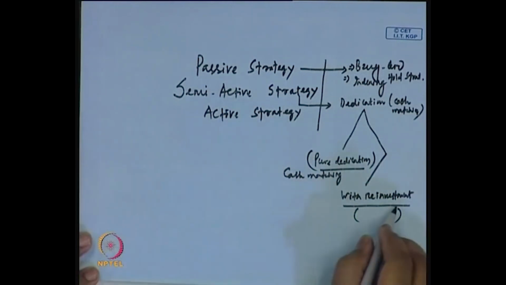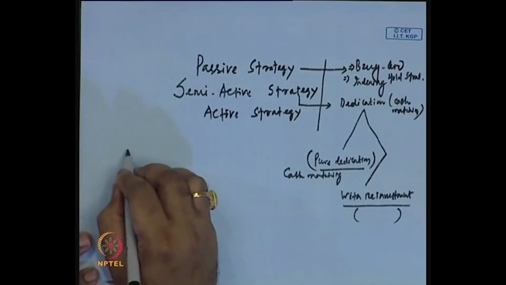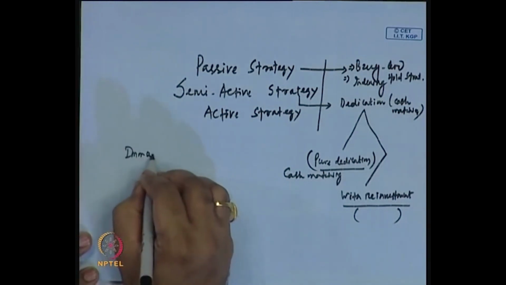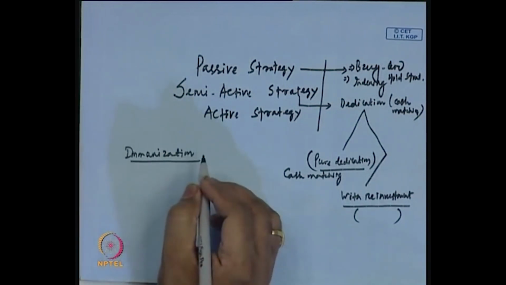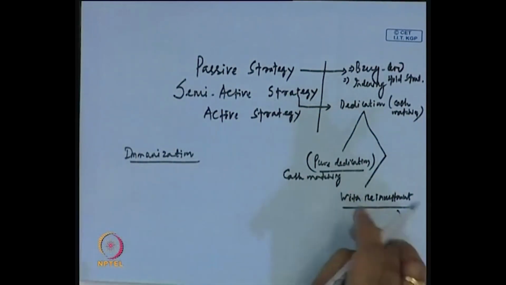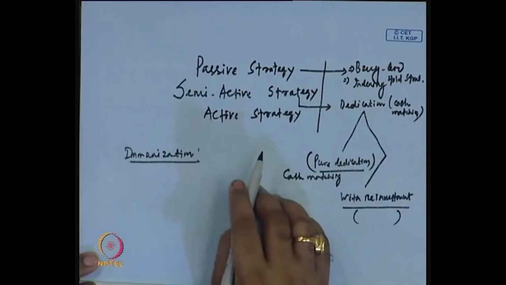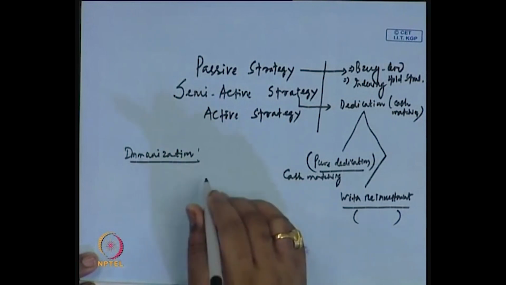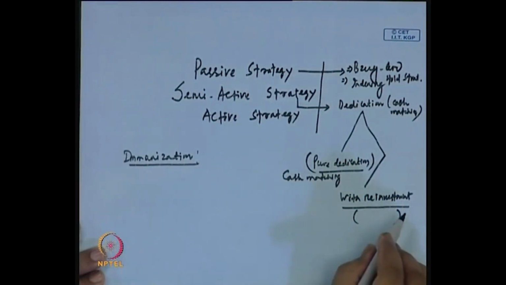Here we also started the discussion on immunization. Everything depends on the value of the bond, but nobody talks about how the realized return can be materialized for the investor for a stipulated period of time.